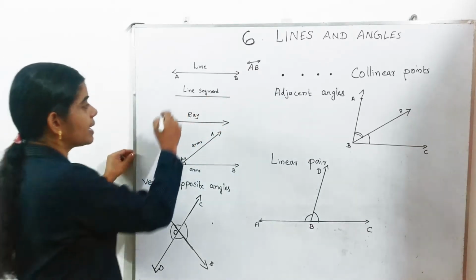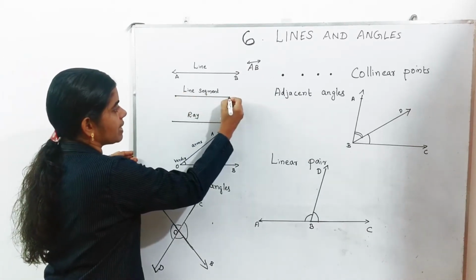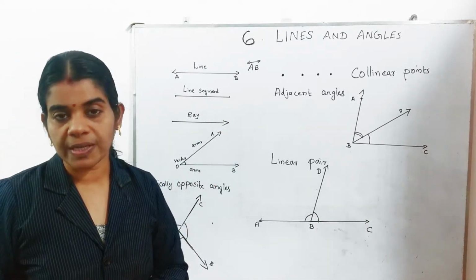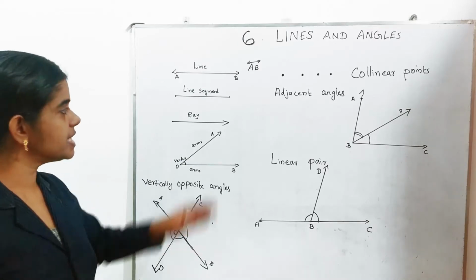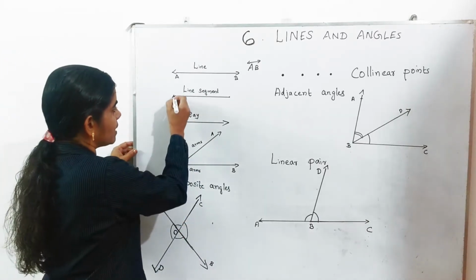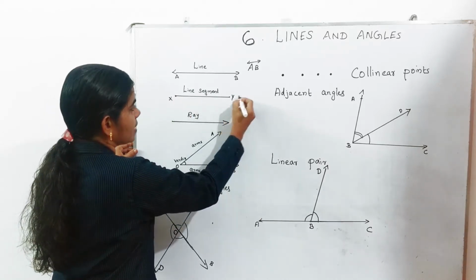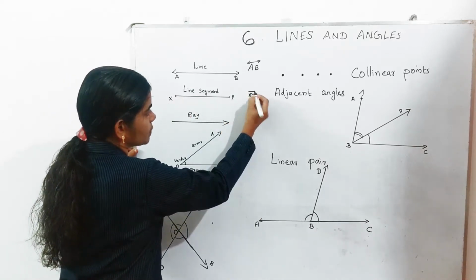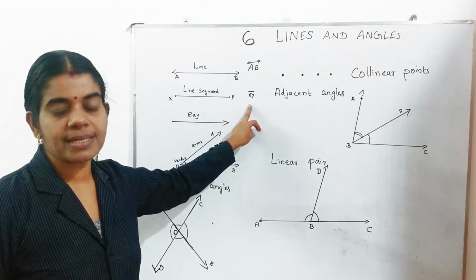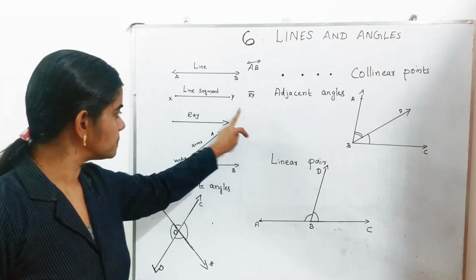This is a line segment. What is meant by a line segment? A part of a line with two endpoints is known as a line segment. It will have a definite length also. If I am representing this as XY, we will write XY and above that we will draw a line segment symbol. Thus you read it as line segment XY.